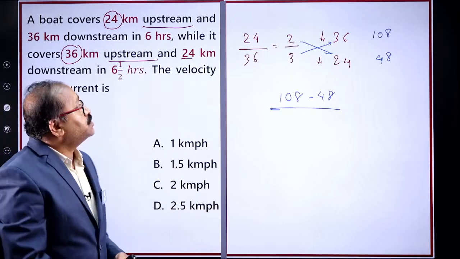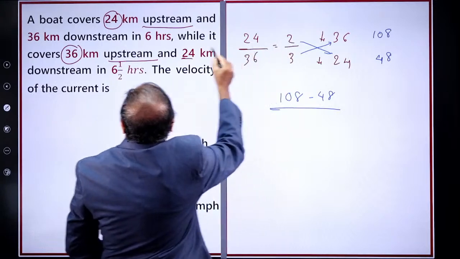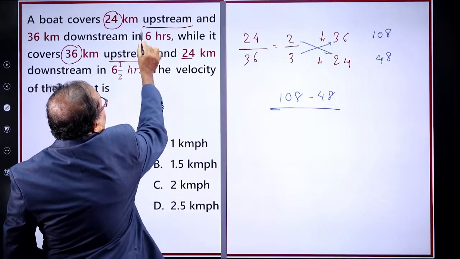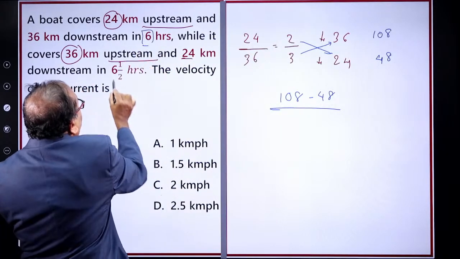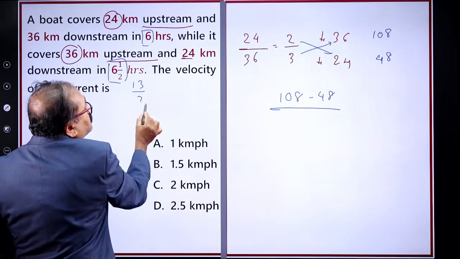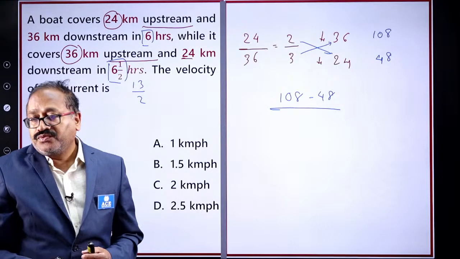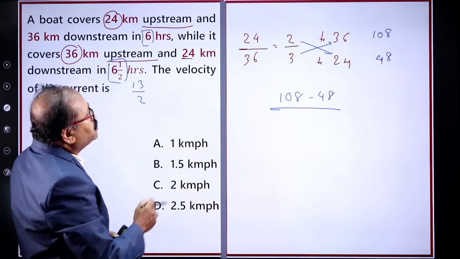Okay, not an issue. Now, after that, what we do over here is, this is the time, 6 hours is the time. And here in the second case, 13 by 2 hours is the time. So, we are going to multiply these two. How do we multiply these two?